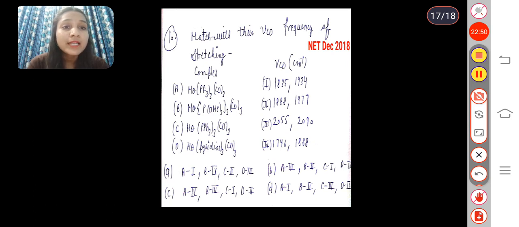In C we have PPh3, this is aryl, and in D we have pyridine, so you can take it as alkyl. In the case of alkyl it donates better, its donor ability is more as compared to all these. So if its donor ability is higher, it will donate to the metal, and further the metal will give back donation to CO. The more back donation it gives, the stronger the M-CO bond will be and the weaker the CO bond will be, because the more back bonding there is, the lower the stretching frequency of CO, as they are inversely proportional to each other. So for the D option we have the lowest value of ν(CO).